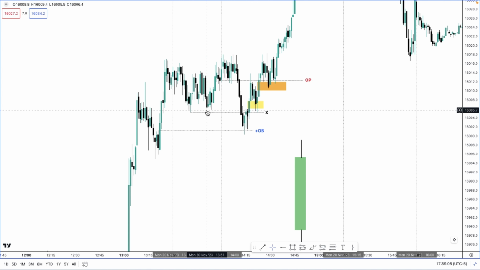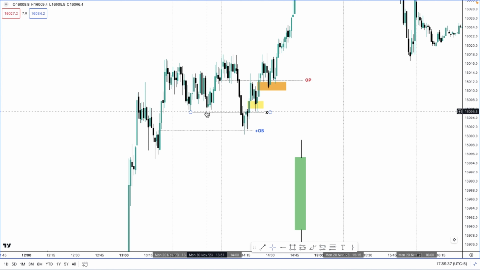Well, below the low that was formed between 3:30 and 2 o'clock. So price can only trade up to below the lows created in between 3:30 and 2 o'clock.